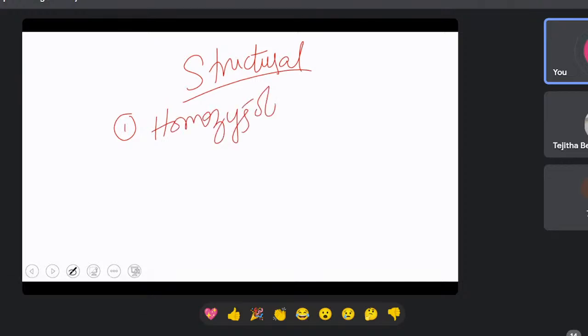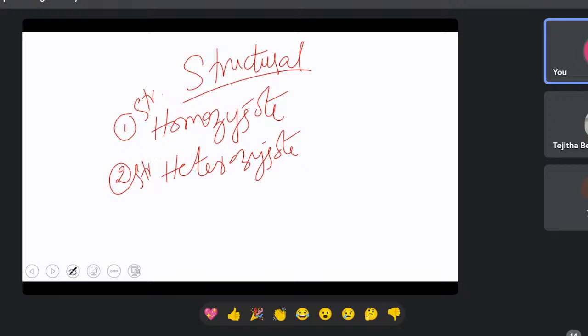One is homozygote, the other is heterozygote. These can be called structural homozygotes and structural heterozygotes.